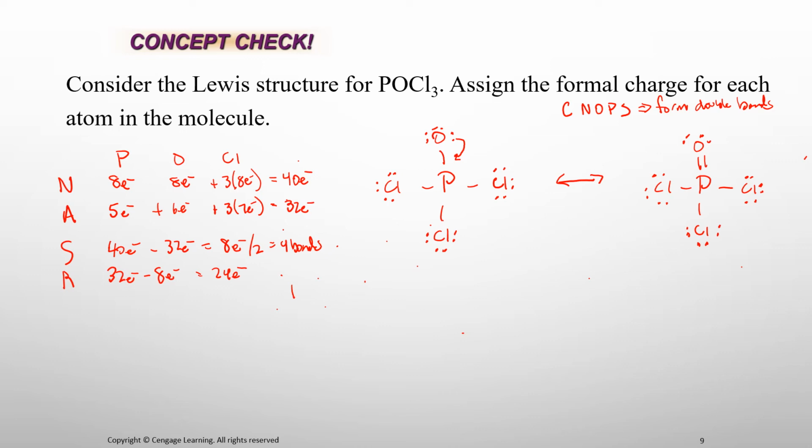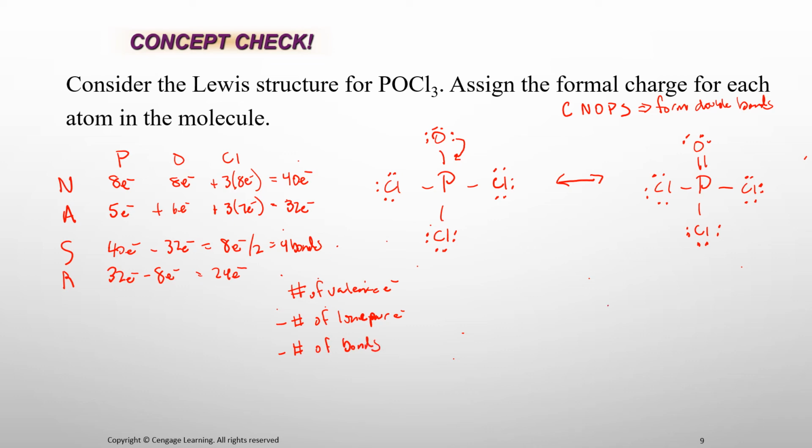So again, we have our number of valence electrons minus our number of lone pair electrons minus our number of bonds.